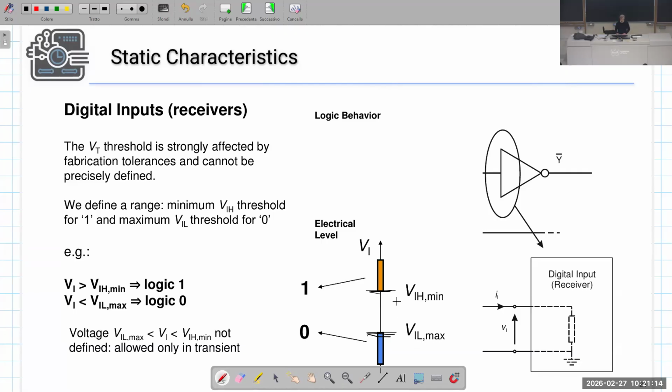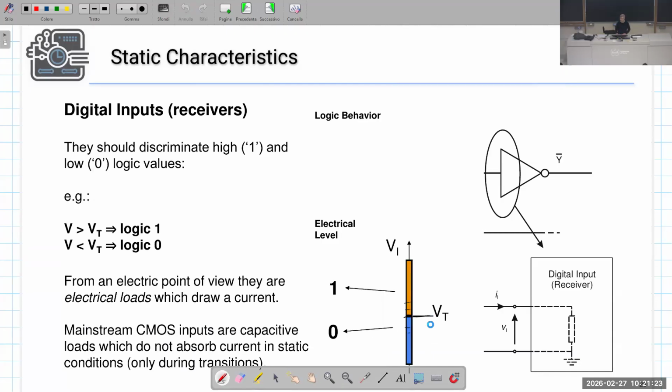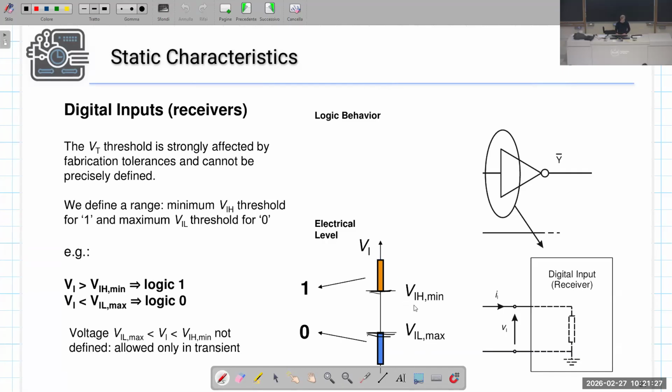Clearly, in the case VIH minimum and VIL maximum are the same, we go back to the case in which we have a single threshold. By the way, in practice, VIH minimum is larger than VIL maximum.